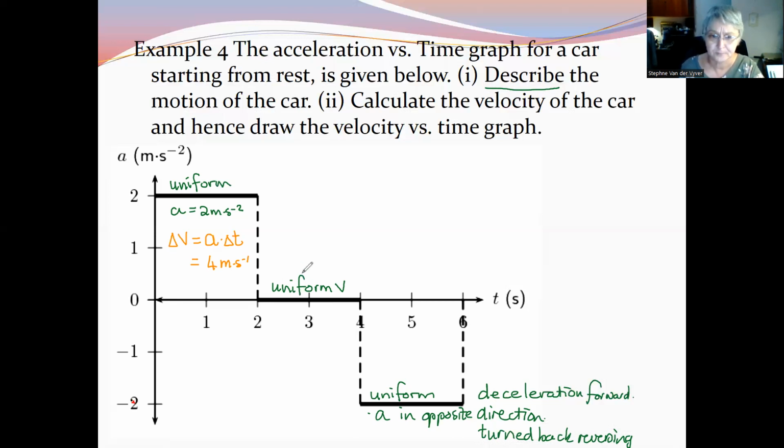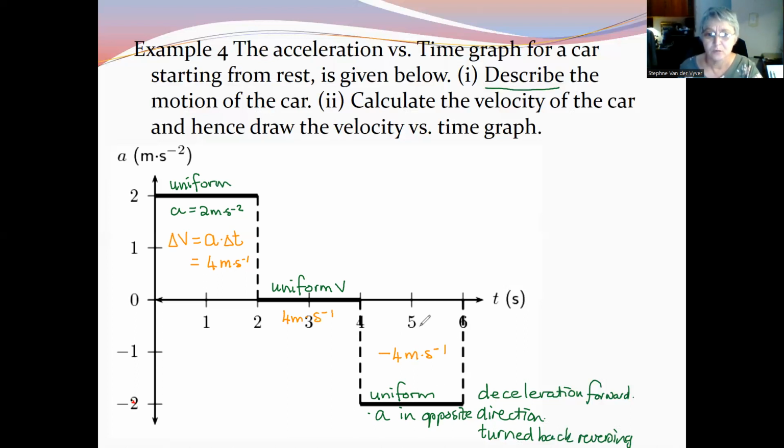Here, I guess this car was moving at a uniform velocity of 4 meters per second. You see, the area gives us the change in velocity. And here, the change in velocity from 4 to 6 seconds is minus 4 meters per second. That is the area under this graph.